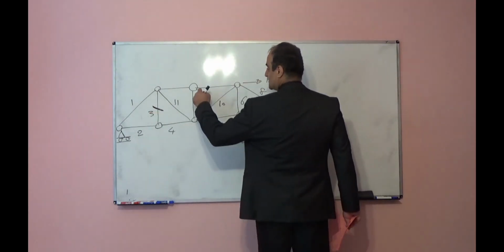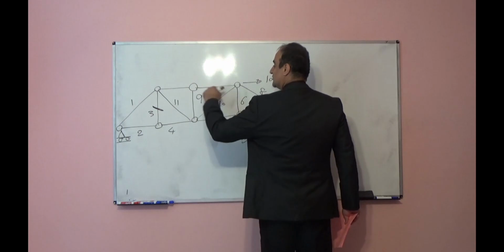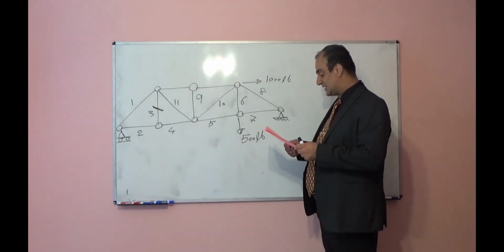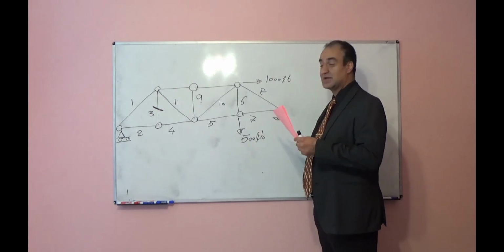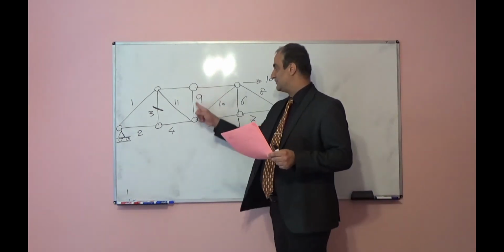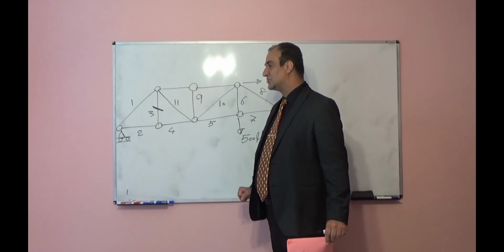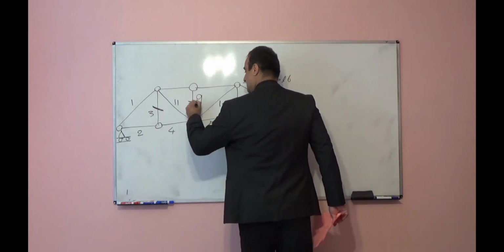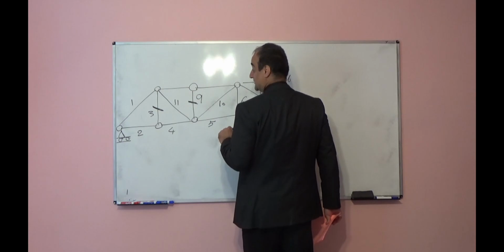Let's move to this joint, 1, 2, 3. Two of them are in one straight line, so laying in the same straight line means they are collinear. This member is in a perpendicular direction, there is no external load at the joint. This is a 0 force member.